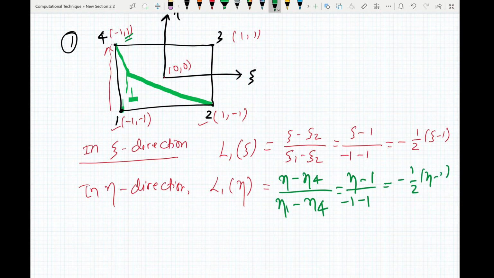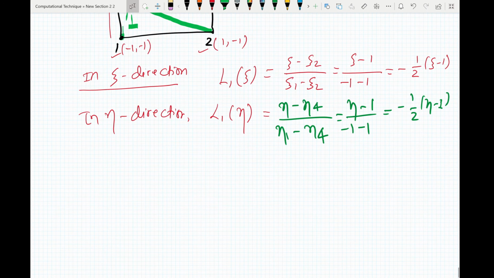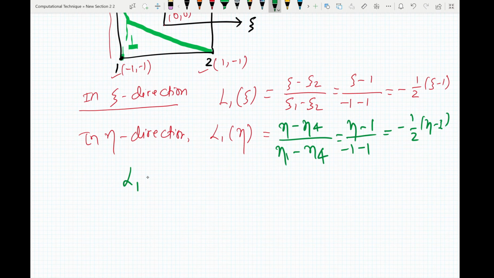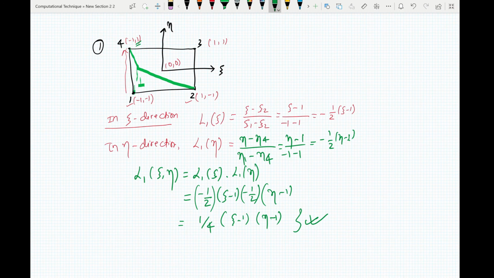Now here in the Lagrangian one, you have to find the product of L1 xi and L1 eta to get your total shape function. So L1 as a function of xi eta will be equal to L1 xi times L1 eta. If you want to find n2, it will be linear in this direction, it will be linear in this direction.